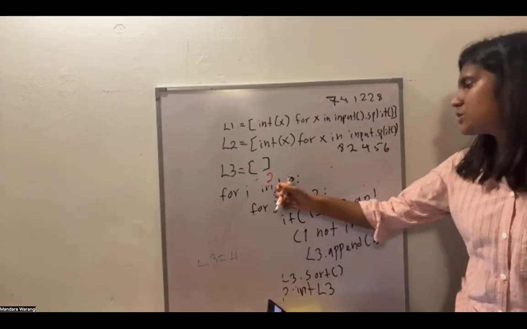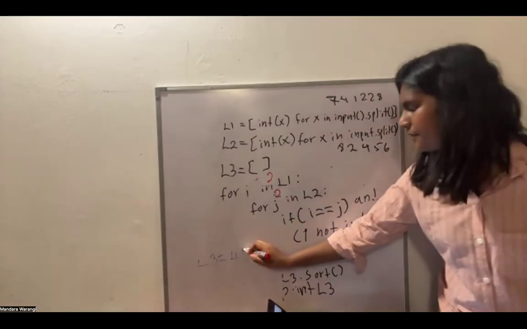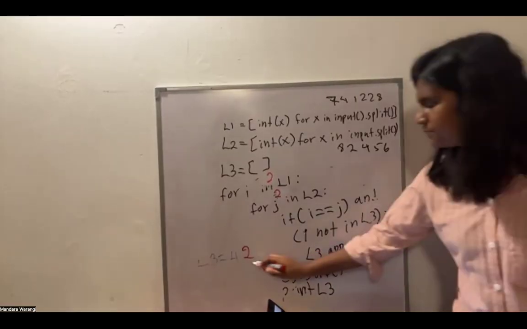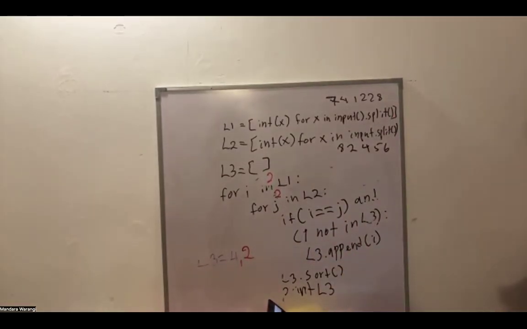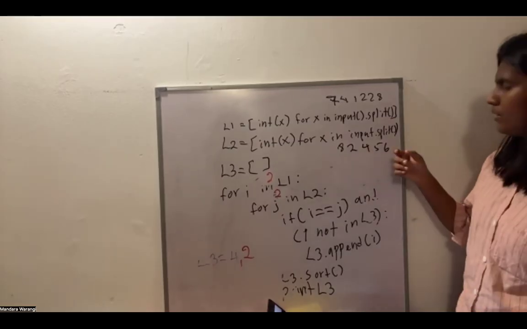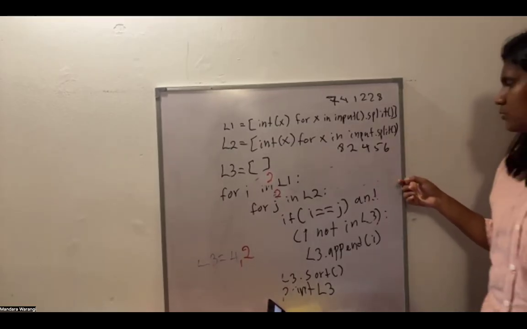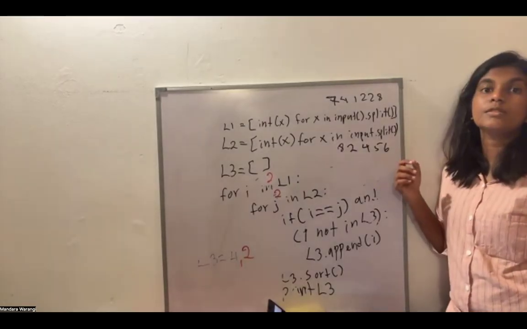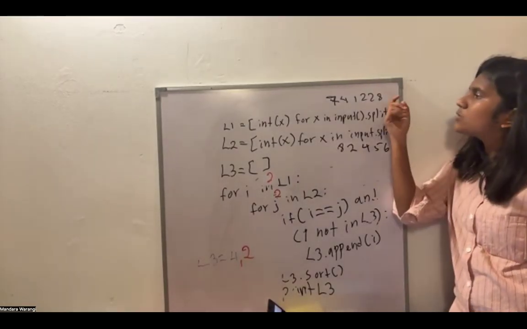And is I, which is 2, in L3? No. Then we add it. Then again 4 is not equal to 2, 5 is not equal to 2, 6 is not equal to 2. And then we go to the next 2.